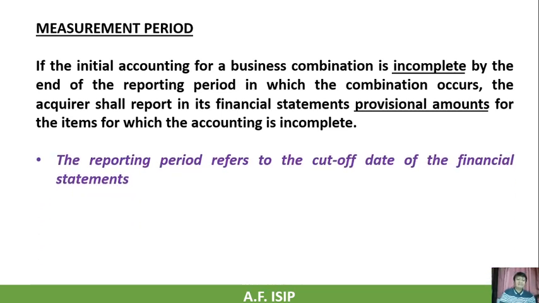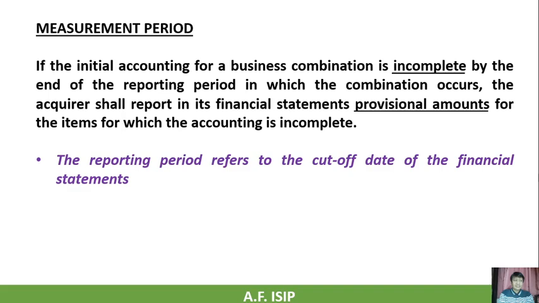So here is my reflection regarding this ruling. The reporting period refers to the cut-off date of the financial statements. If the business combination occurred, for example, May 1, 2020, and at the end of the year your data are still incomplete, your financial statements are still incomplete, you have to prepare financial statements whether you like it or not, because the regulators want to see your financial statements.